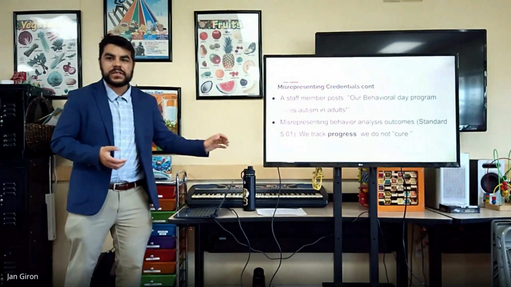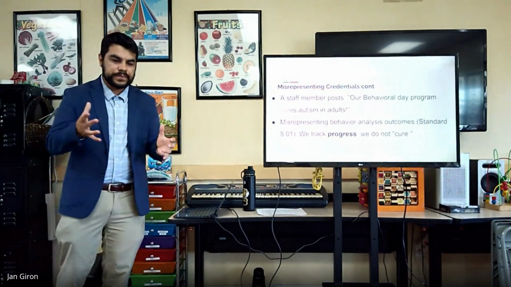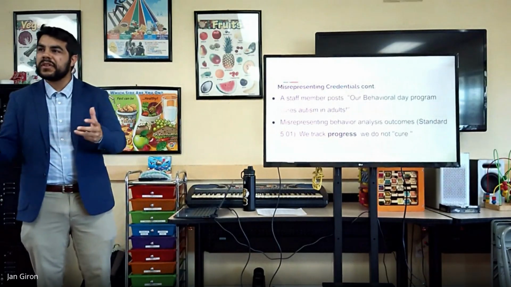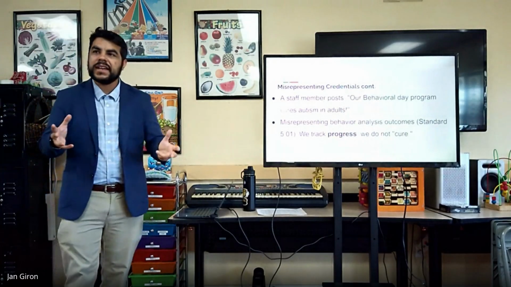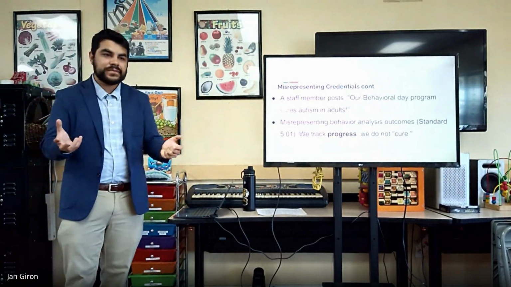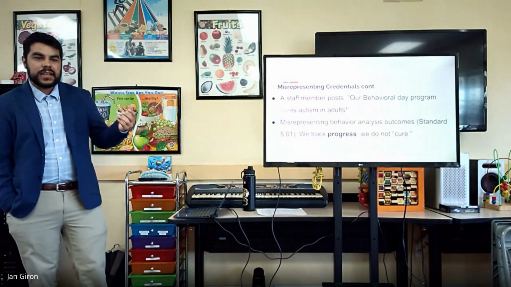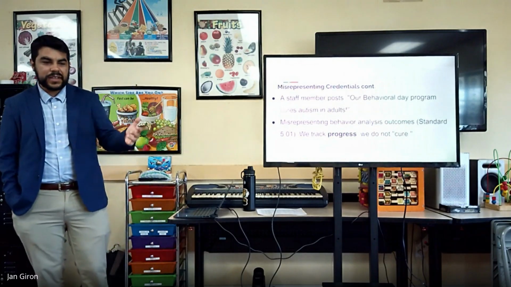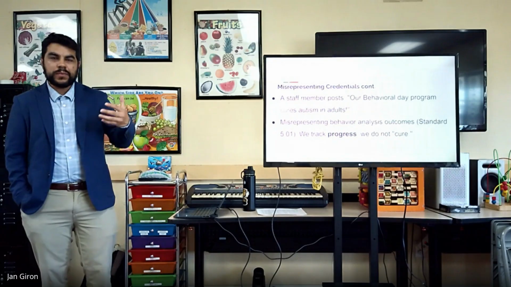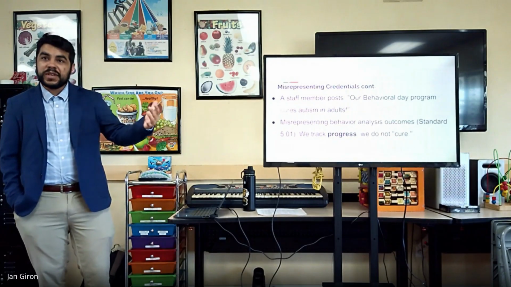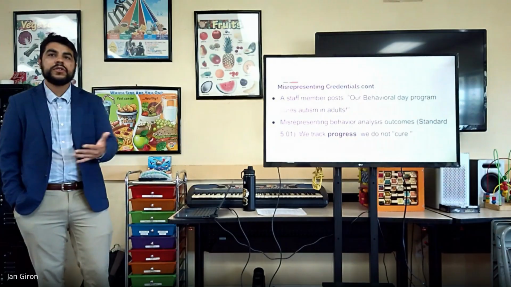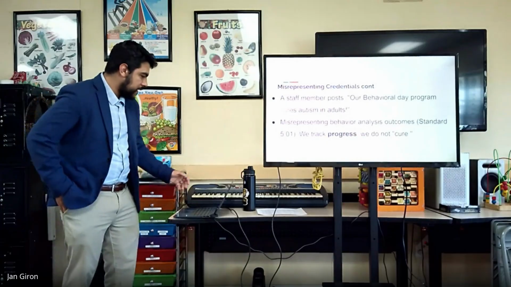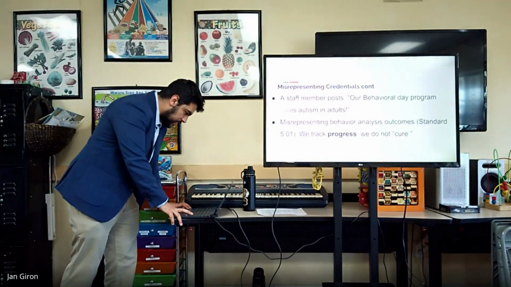And of course, you have people who may hear that and think, oh, this is exactly what we've been looking for. But then they go in and realize that is not exactly what's going to happen. Instead, what we are doing here is tracking progress, monitoring, ensuring that we've put the goals in place so there can be growth, but there are no cures here. Again, because that is deceptive, deceiving, and we should not lie.